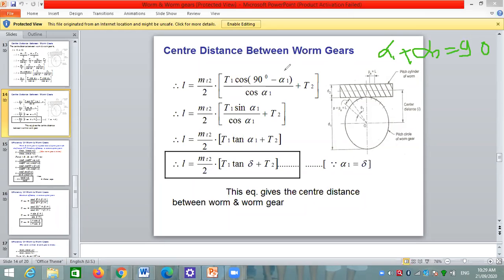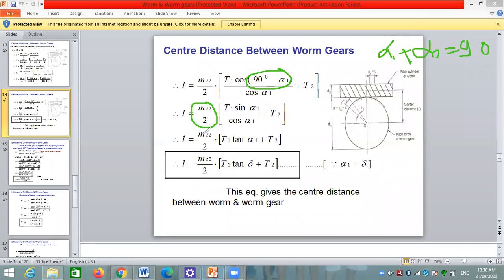And therefore, center distance is equal to MT2 divided by 2 into T1 into cos of 90 minus alpha 1, which is equal to sine of alpha 1, divided by cos of alpha 1, plus T2.